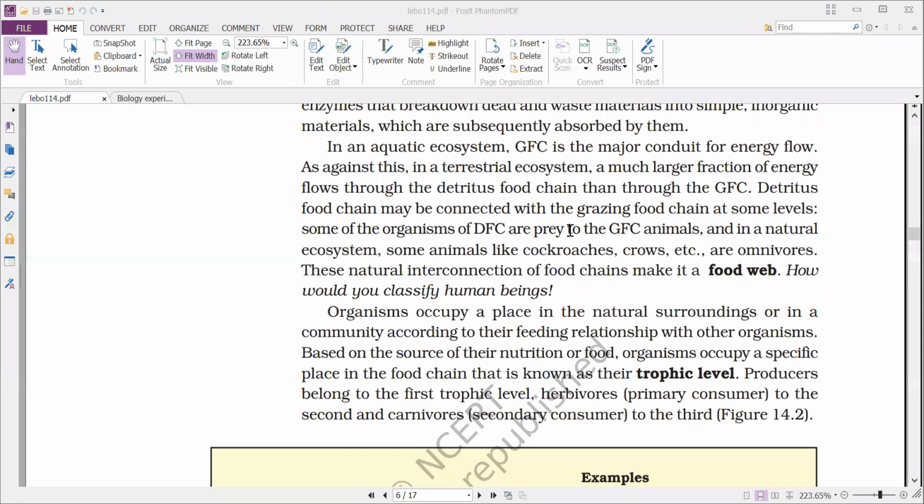And on these earthworms, some birds are feeding, say a small bird. And on that small bird, another large bird might be feeding. There are some birds which feed on another small bird.